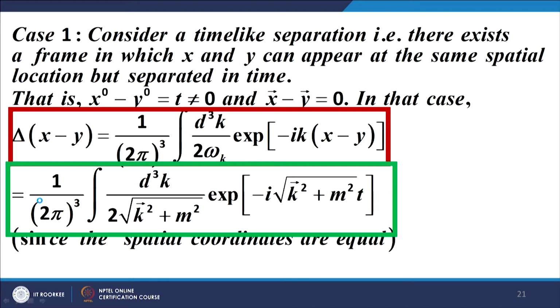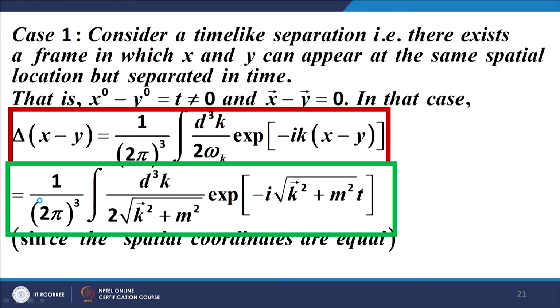The case of a time-like separation is relatively simple. So, let us crack it first and then we will talk about the case of the space-like separation. For the time-like separation, there can be a frame where the spatial locations of x and y coincide. That means they are occurring at the same point in space, but they are separated in time.